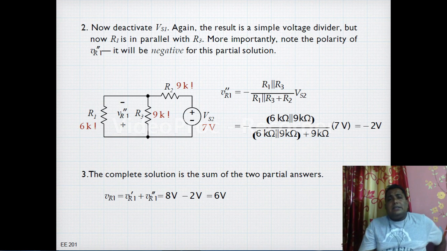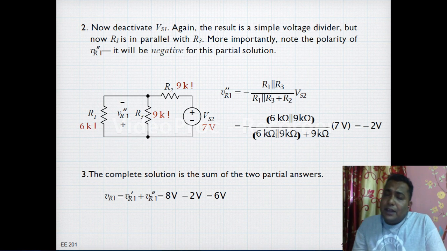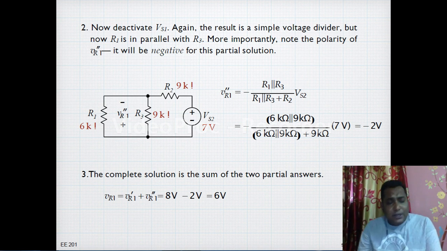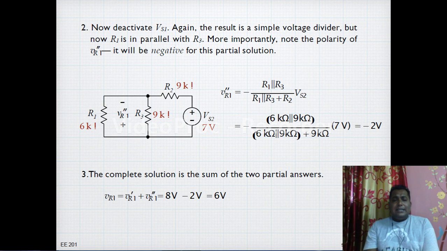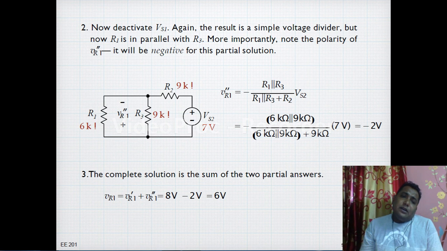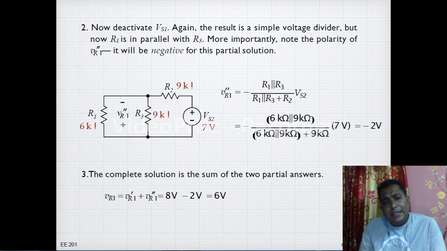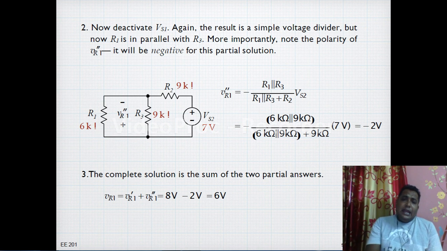Now in the next step, we have to do the same thing. We consider this Vs2 and remove this Vs1. Since Vs1 is an ideal voltage source, we remove it and make the terminal short, and again we use the voltage division rule.